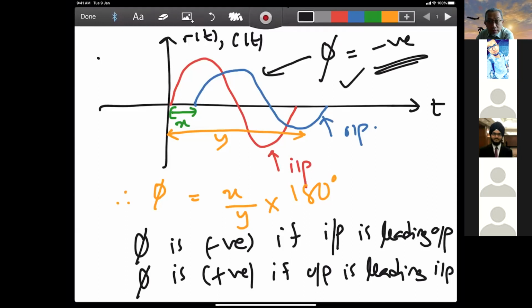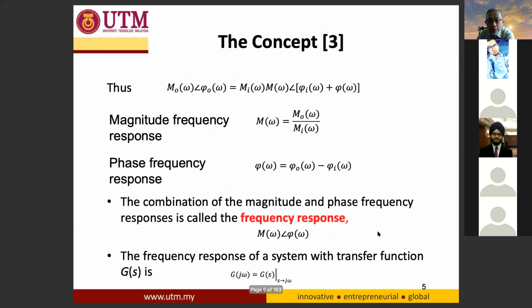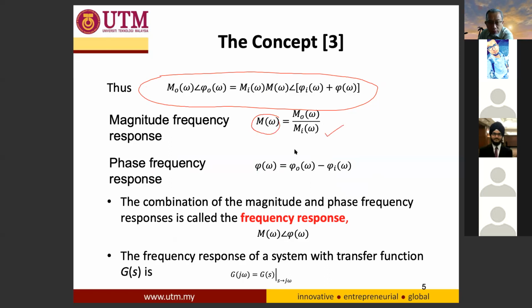So we move to the next slide, which is the concepts for the derivations. So you have the input, you have the output as shown here. O stands for the output, I stands for the input, and we find the magnitude. Magnitude actually is the ratio between the output divided by input. And then the phase frequency response is the phase of the output minus the phase of the input.